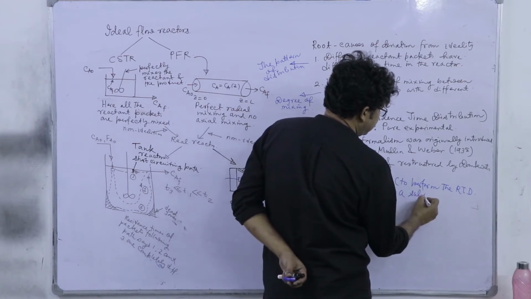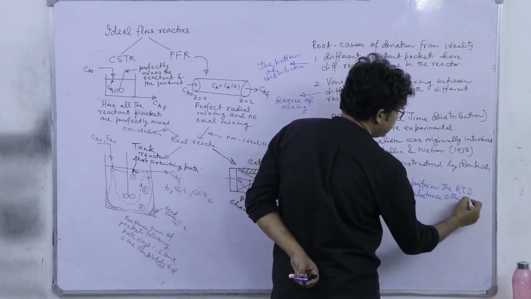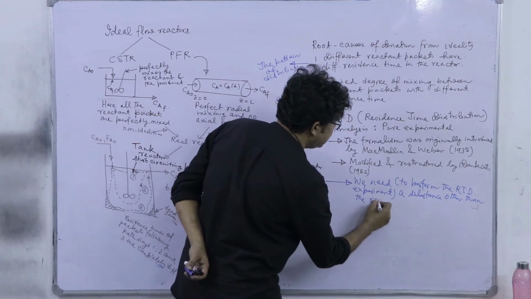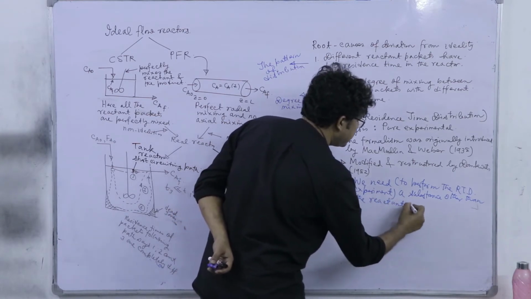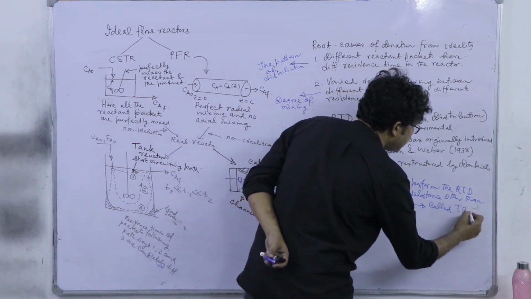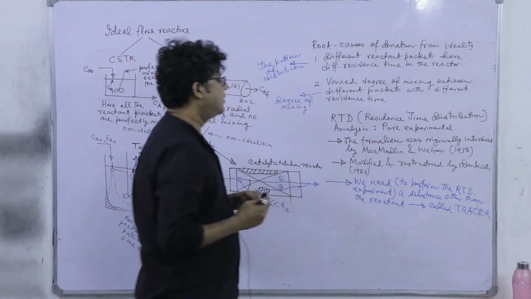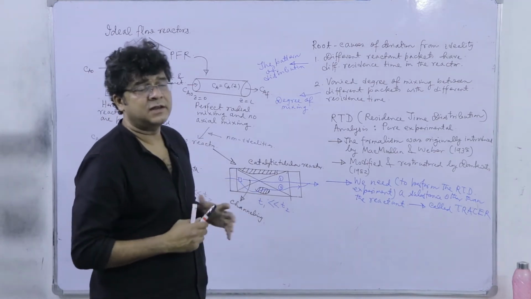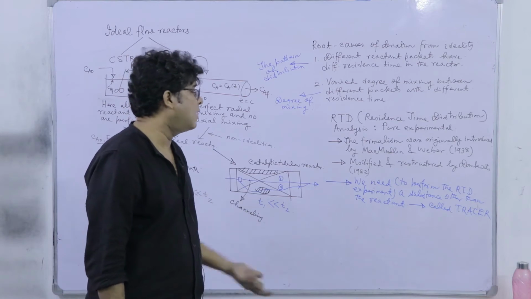A substance other than the reactant, called a tracer. Right. Now, what is a tracer? We must inject the tracer at the inlet of the reactor. It may be an online mode, it may be an offline mode.